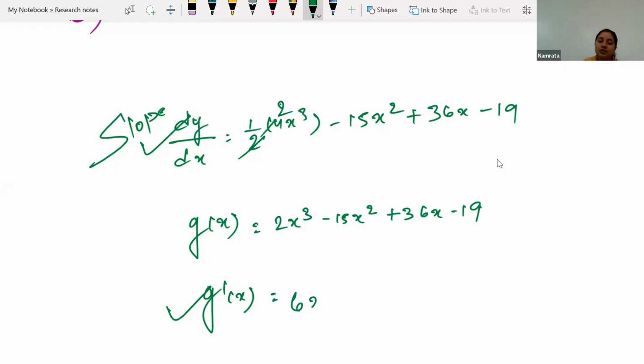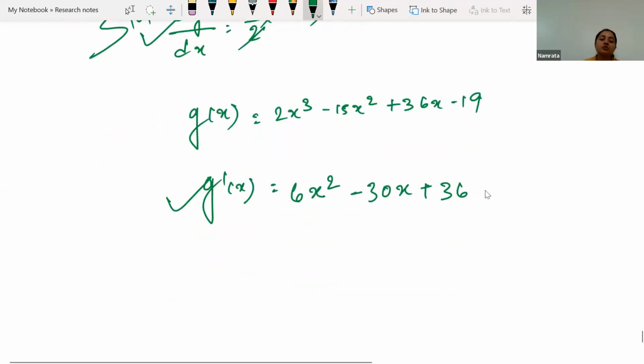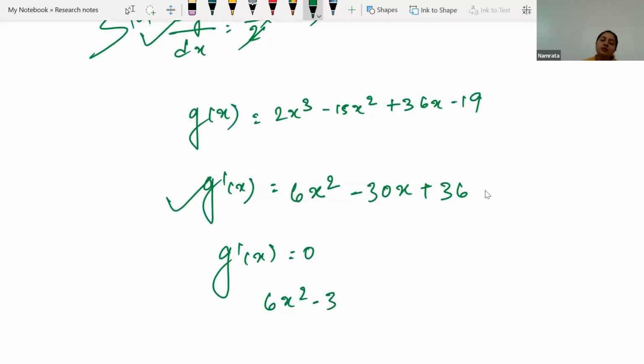So we will have 6x square minus 30x plus 36. Let's find the critical points: g dash x equals 0, that gives 6x square minus 30x plus 36 equals 0.